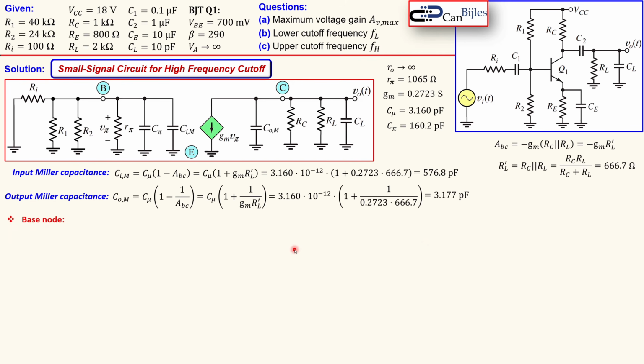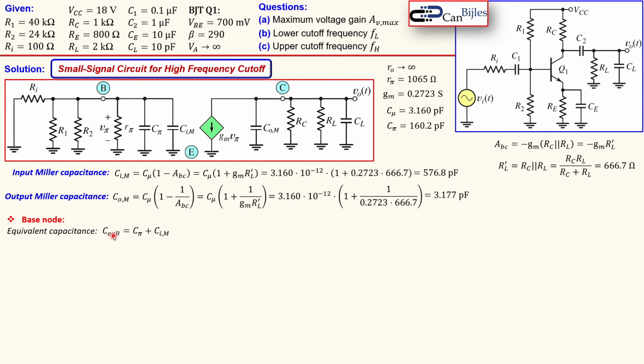Okay, now if I look at the base node, I will start first with that, because at the base node I see here two capacitors and also the resistors. By the way, I also have disabled my input voltage source, which is the VI, because I'm now looking at the frequency analysis, so I will disable all the independent sources. So the equivalent capacitance at the base node is the C pi and the C in Miller together.